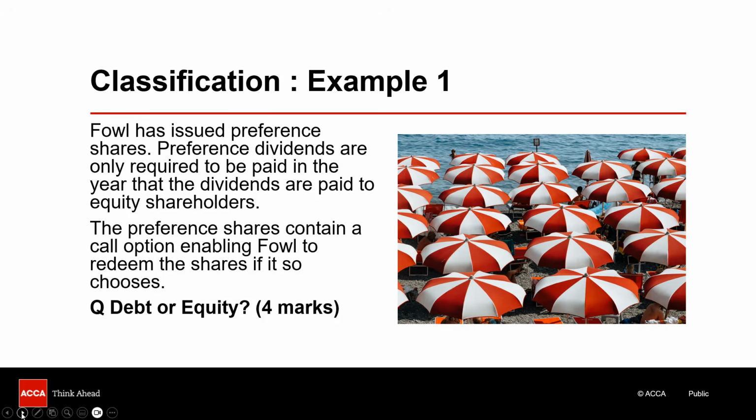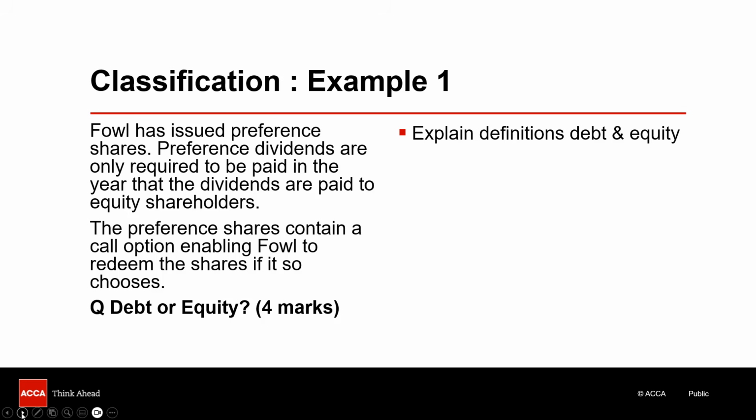Now, if I'm trying to earn 4 marks, I really want to try and say 4 things. In an exam, these would all need to be slightly elaborated and developed.